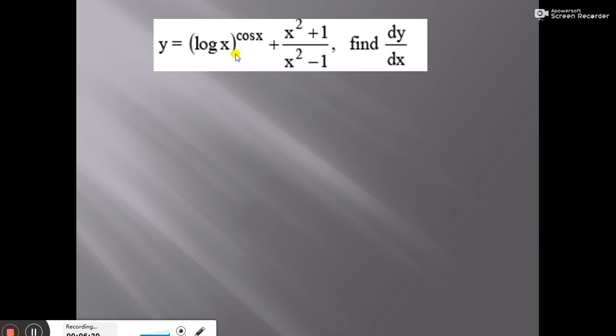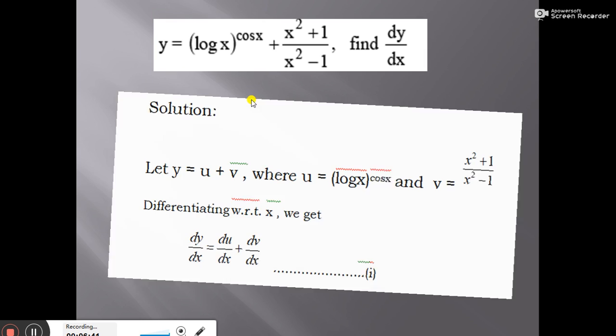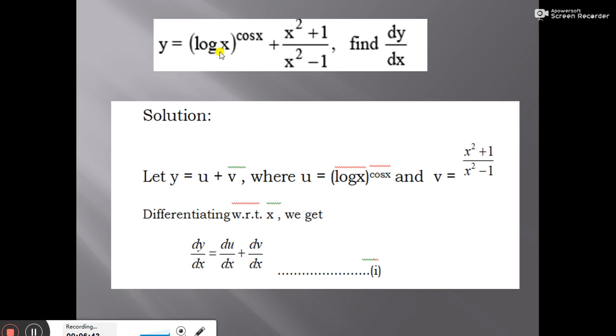Now in this question we have two types of functions. First is the function raised to the power function, and second we have the algebraic function in quotient form. For this solution, let y equal u plus v, where u equals log x raised to the power cos x and v equals x square plus 1 upon x square minus 1.